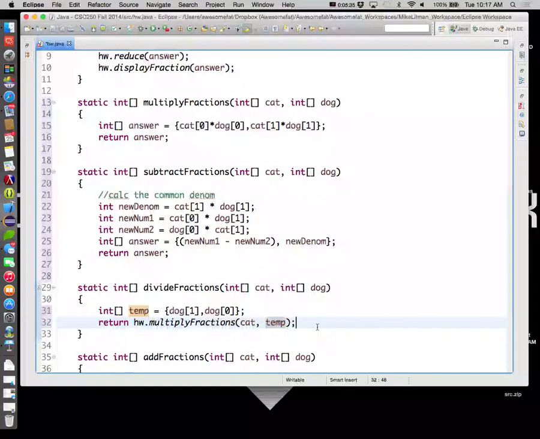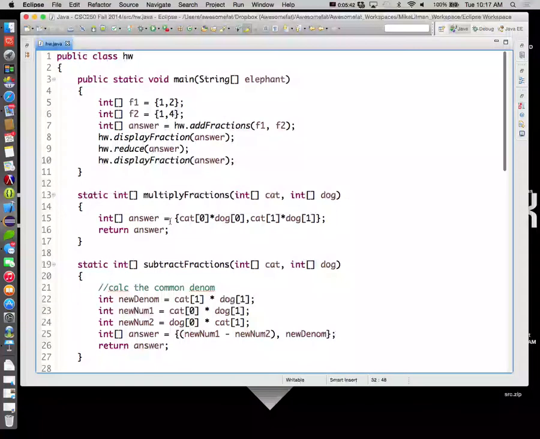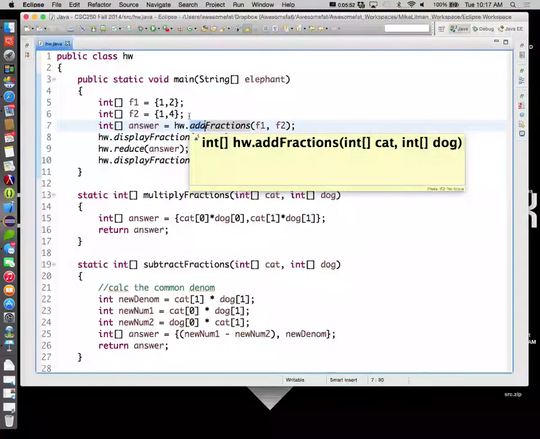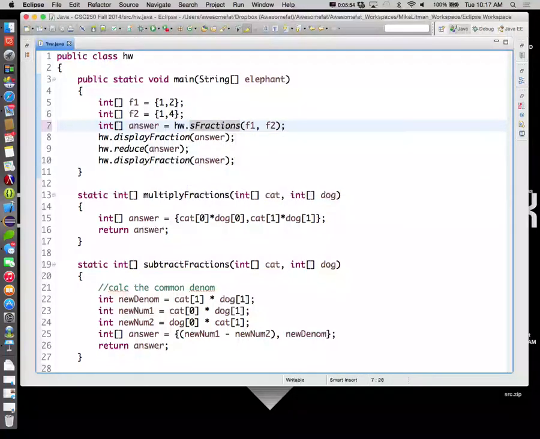All right, questions about that? Can you write the call for him? Yeah. Okay. Because I know I didn't do it. So let's do, well, we already saw add fractions, right? So let's do subtract fractions. So what should 1/2 minus 1/4 be?